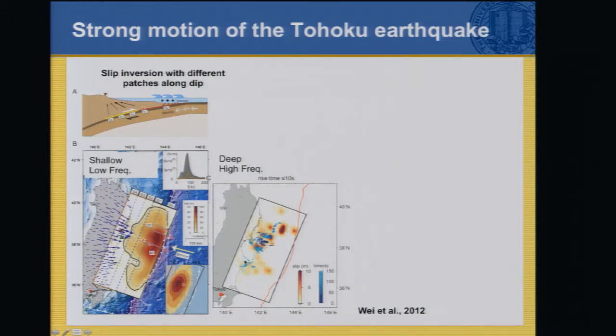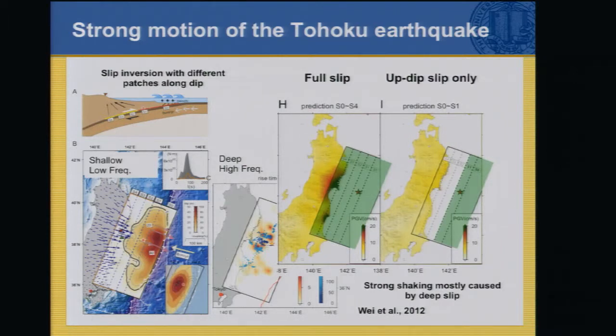And if you compare the ground motion contributions from these two types, the shallow slip and deep slip. So on the right, if you cut a few slices of the fault and you only compute the ground motion contributions from the shallow slip, it doesn't really contribute much to the real ground motions.